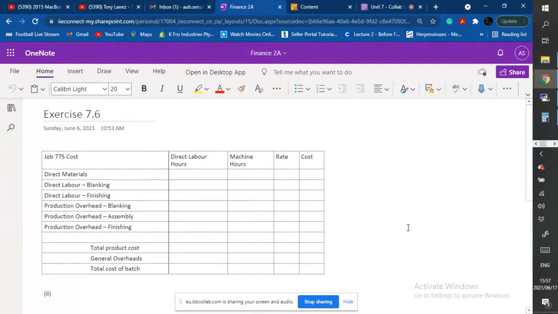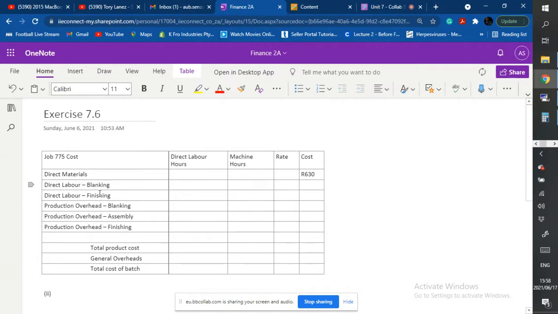You should know, since this was recorded, that means this was the actual cost. Direct labor, then they break it down: for blanking, 80 hours at 5 Rand 50 per hour, assembling 140 hours at 4 Rand per hour, and then finishing 60 hours at 4 Rand 50 per hour. So now we already know direct materials, the full cost there, was 630.